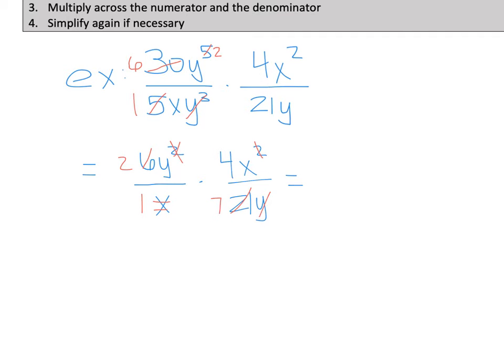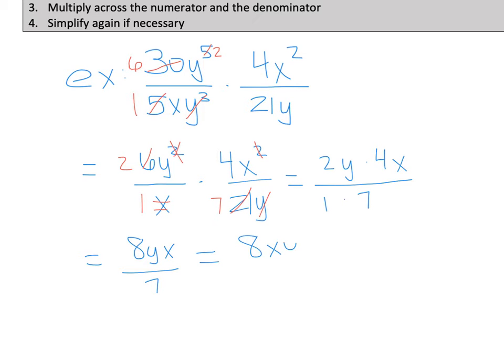We have 2y times 4x in the numerator. In the denominator, we have 1 times 7. Multiplying where we can, we end up with 8yx over 7. And if you're like me, you're going to want to put the x first, so 8xy over 7.